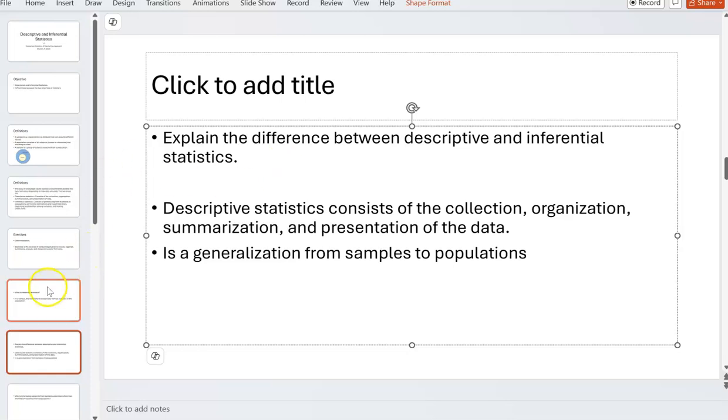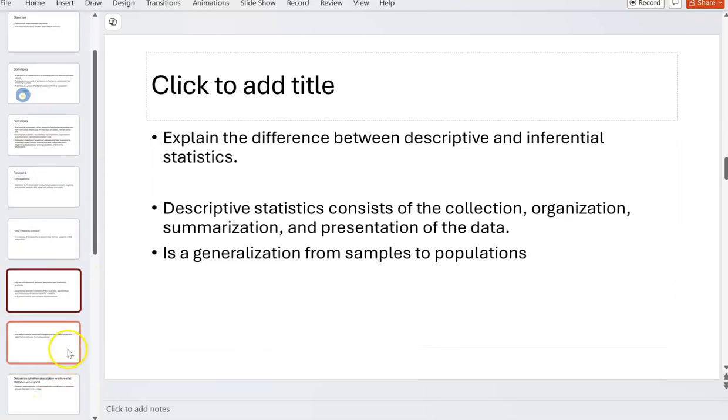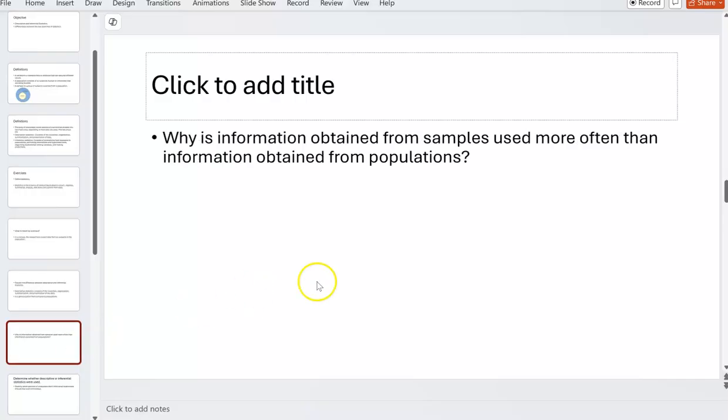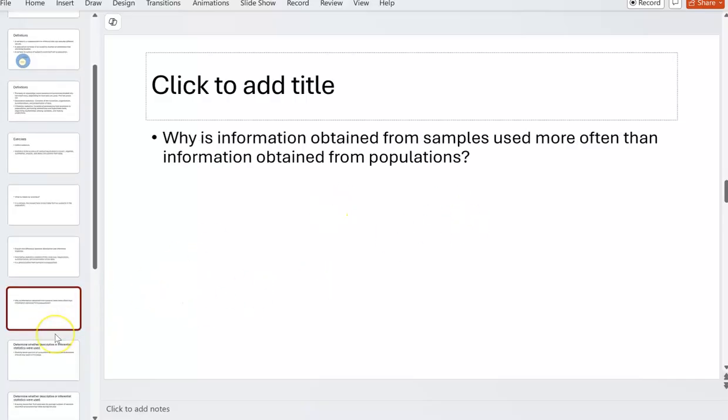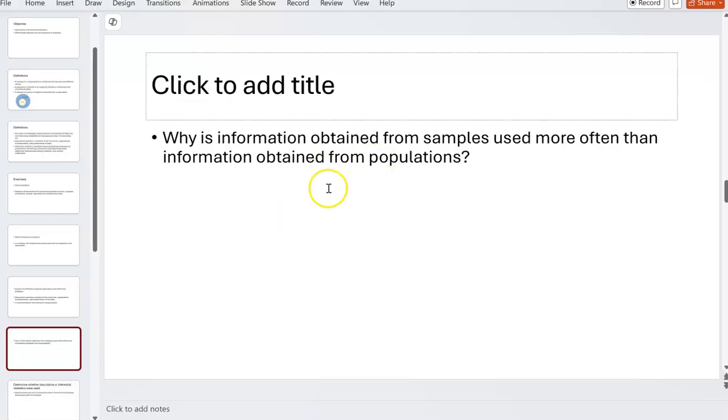Let's take a look at some of those examples really quick. Oh, sorry, I forgot one more thing before we get to that: why is information attained from samples used more often than information attained from populations? The big reason is it may be more cost effective to survey a sample of a population than a whole population.